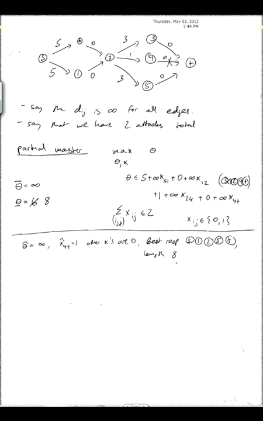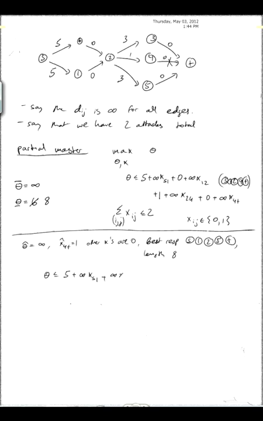So we updated the lower bound, and the next thing to do is add a constraint to the partial master. The new constraint that we're going to add corresponds to this path. So let's write that down. That would be 5 plus infinity times xs1 plus 0 times infinity times x12. I'm going to just not write in the 0.